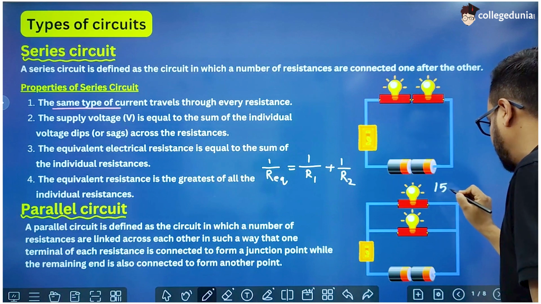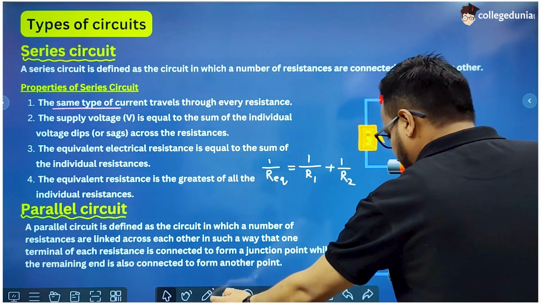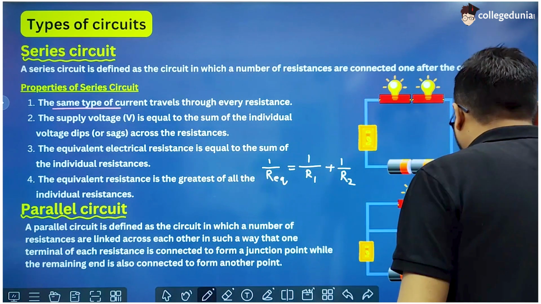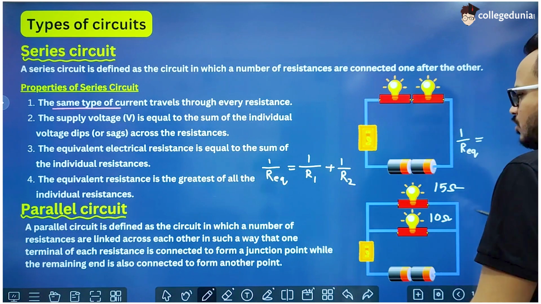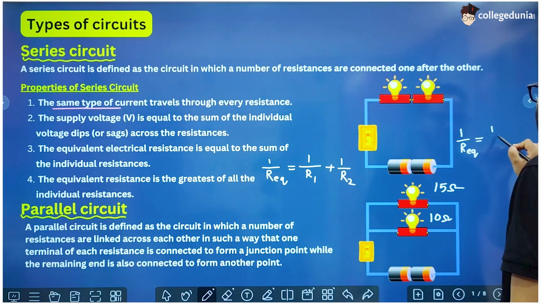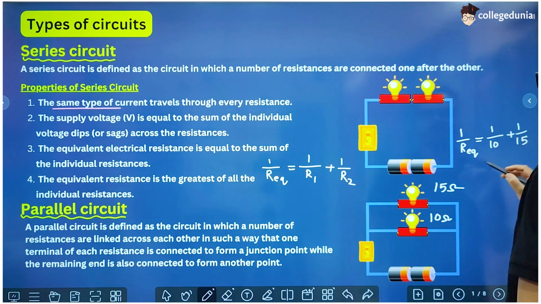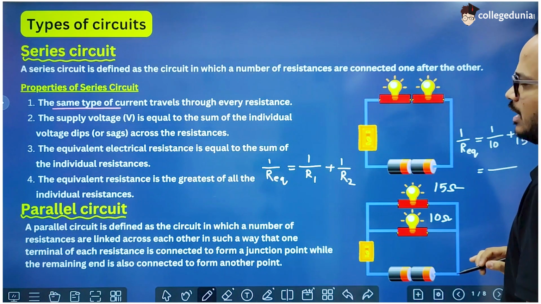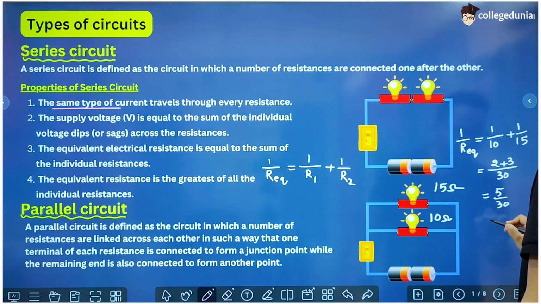So the resistance of this bulb was 15 ohm and the resistance of this bulb was 10 ohm. Now what is the equivalent resistance of this combination? According to this formula, this will be 1 upon 10 plus 1 upon 15. Now LCM of 10 and 15 is what? It is 30. So it is 2 plus 3, so 5 by 30, or we can say 30 by 5.